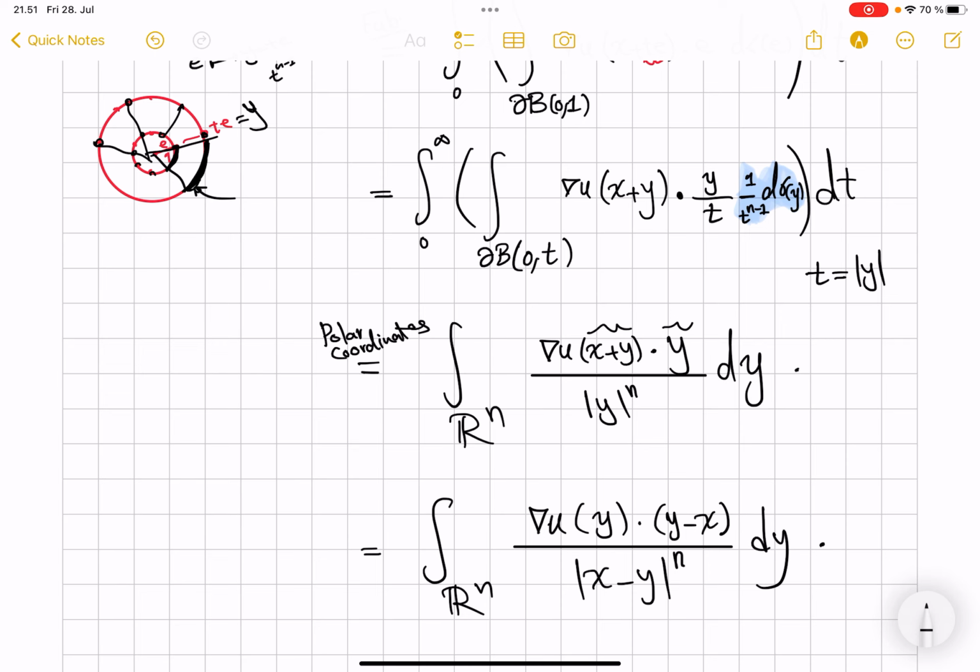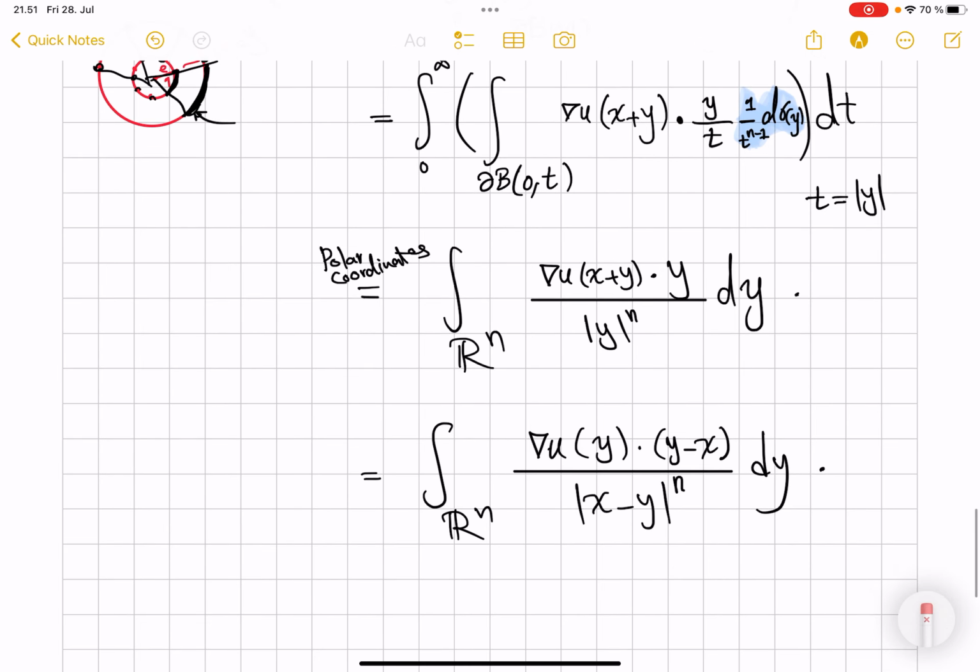So this is equal just to this one because y changed to y minus x or something like this. It's a shift, a rigid translation, so there is no Jacobian, it's 1. And I don't know how else to explain, but these two integrals are exactly the same thing. It's just a change of names.